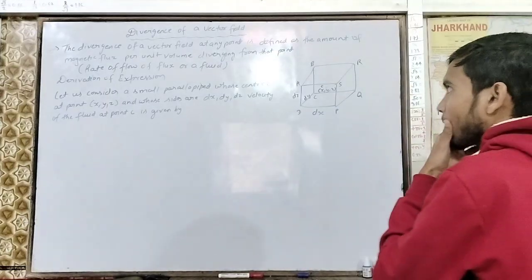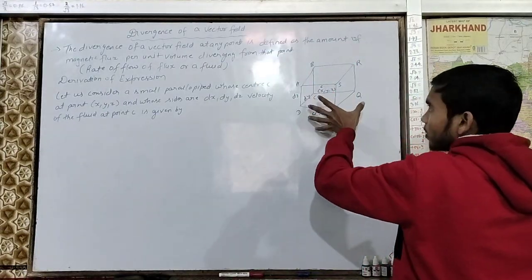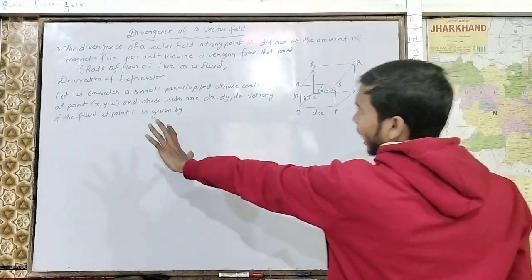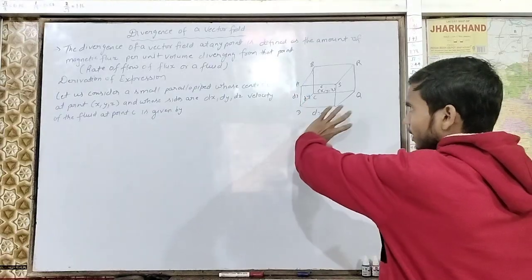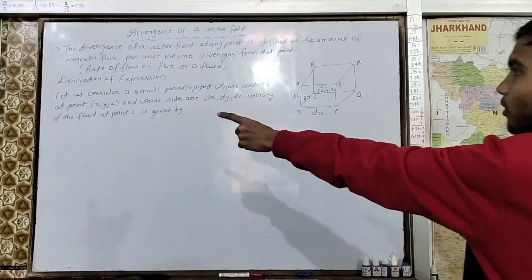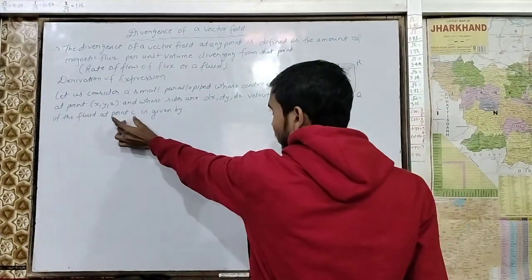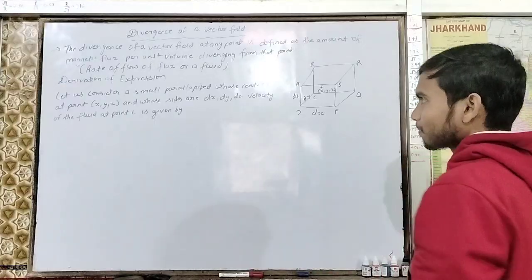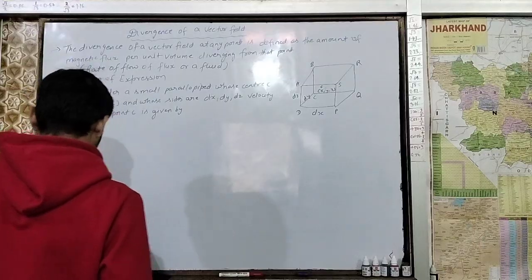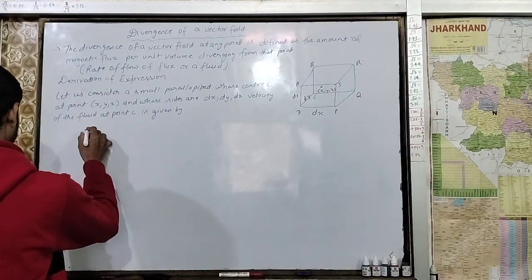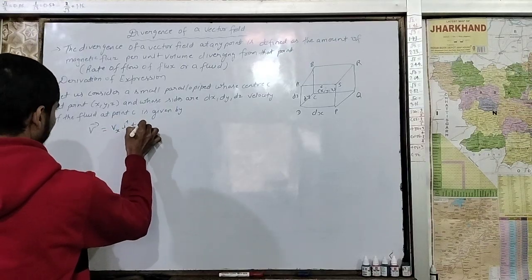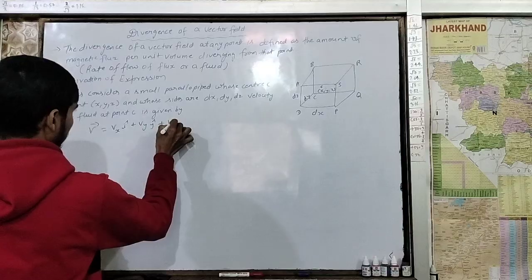Let us consider a small parallelepiped whose center is C, whose coordinates are x, y, z, and whose sides are dx, dy, dz. These are the small sides of this small volume. Velocity of the fluid at point C is given by: first equation, velocity is Vx i cap plus Vy j cap plus Vz k cap.